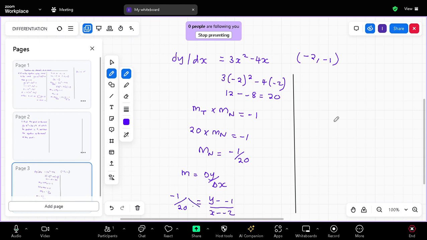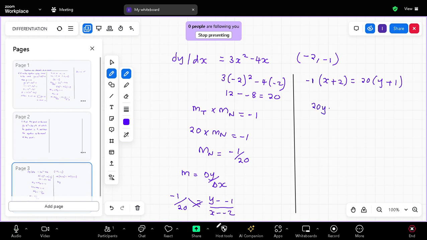So cross multiply this way: we have -1 times (x plus 2), a negative by negative is a positive, this one is equal to 20 times (y plus 1). So we got 20y plus 20 is equal to minus x minus 2.